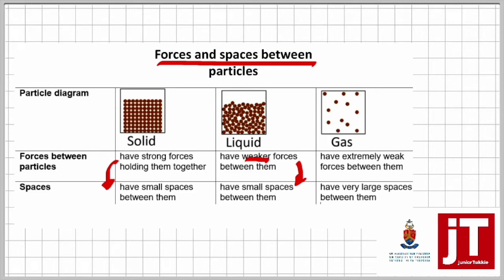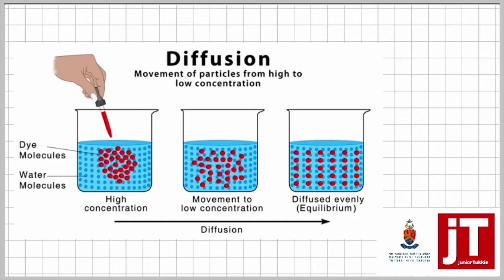A major distinction occurs with gases where there are extremely weak forces between the particles. And because the forces are weak, they have very large spaces between them, and that is seen in the particle diagram where they have large distances, and that relates to the weak forces in between them.